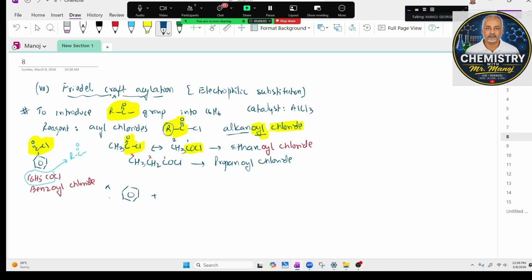Could you suggest the reagent to change benzene into, for example, this compound, COCH3? Now this is named phenylethanone.